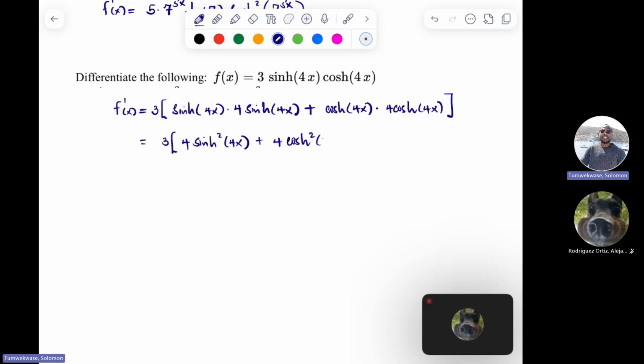I can write this as 12 into sine hyperbolic squared of 4x, then plus cosine hyperbolic squared of 4x.